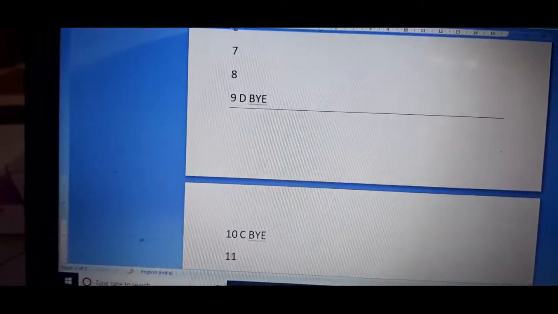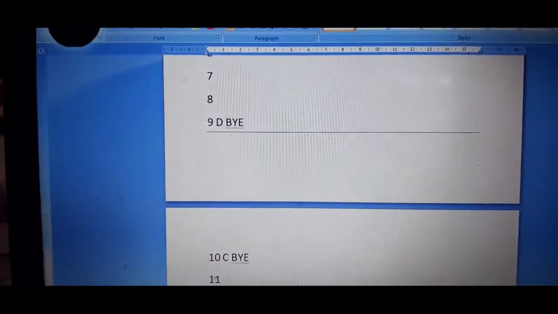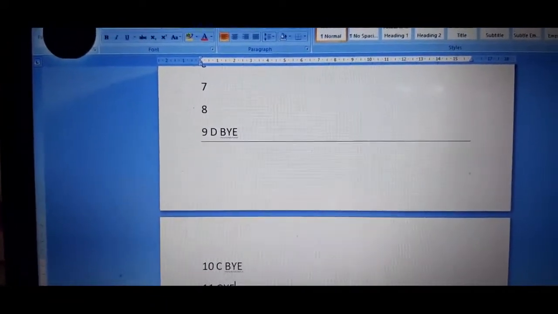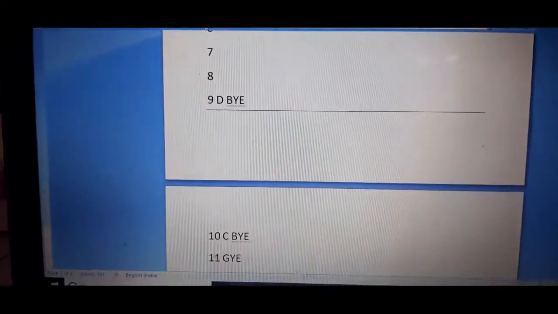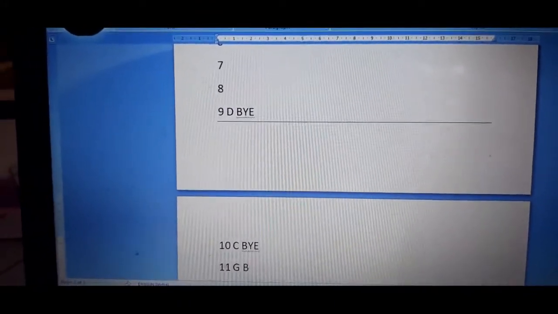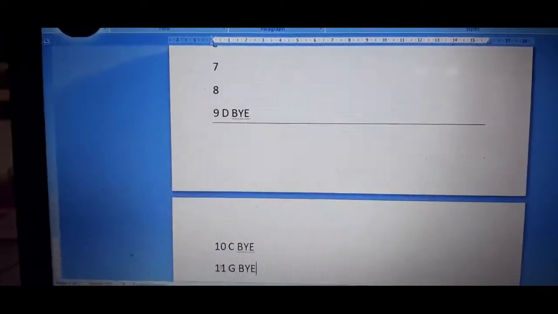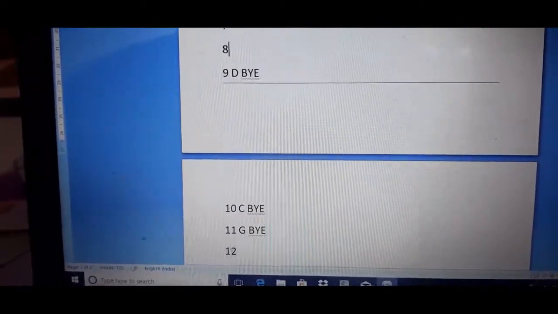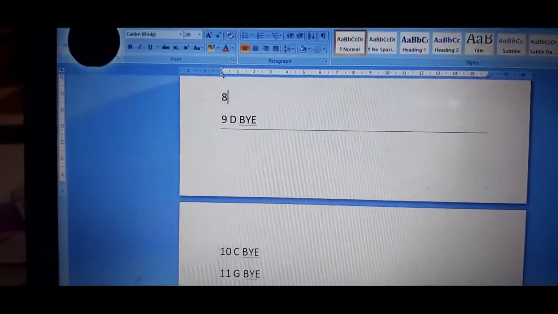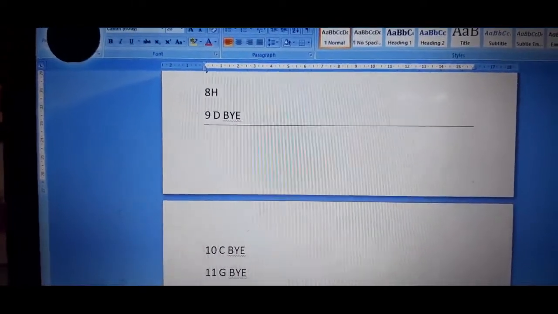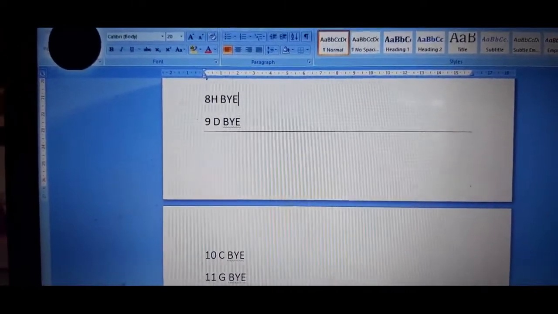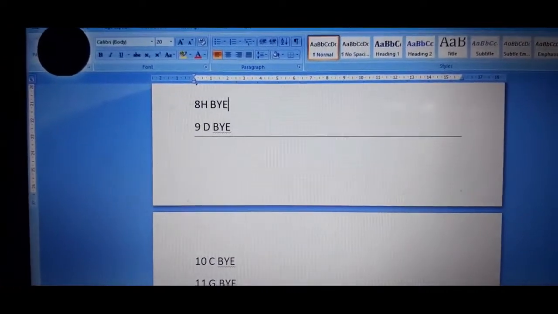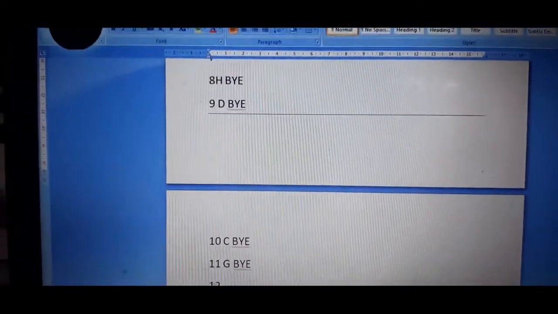Then after f is g, so g will come to c. G bye. Then after g is h, h will come to 8. H bye.